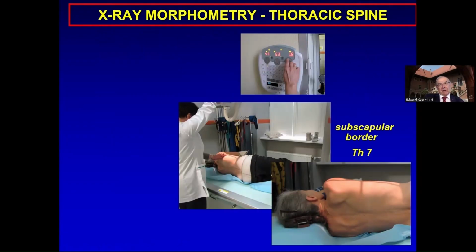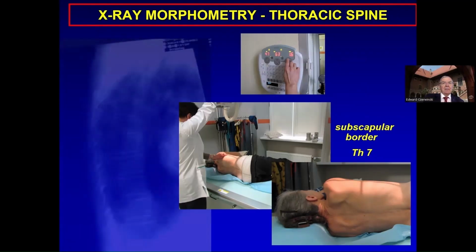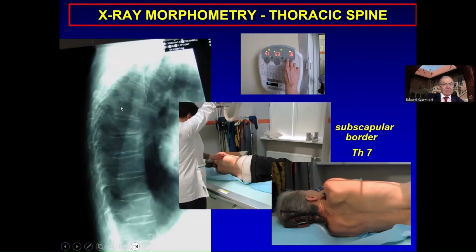The patient positioning must be very, very precise to get a good image, and we centralize on the thoracic spine, T7. The patient has to be very perpendicular, not tilted, and then you get a nice X-ray.